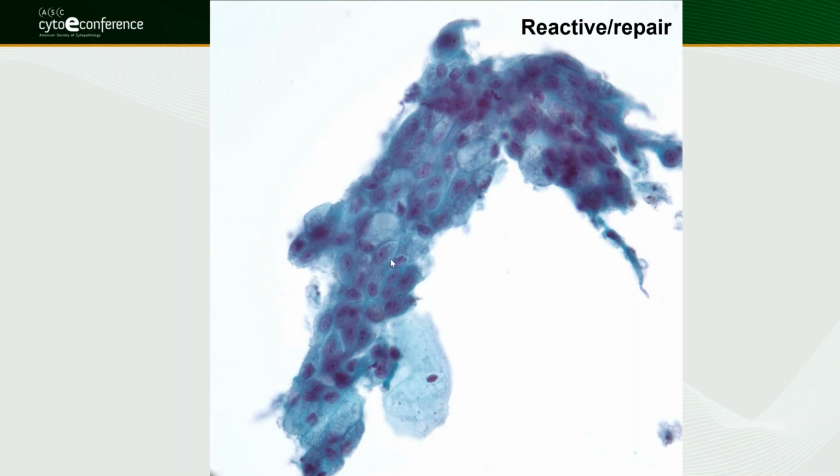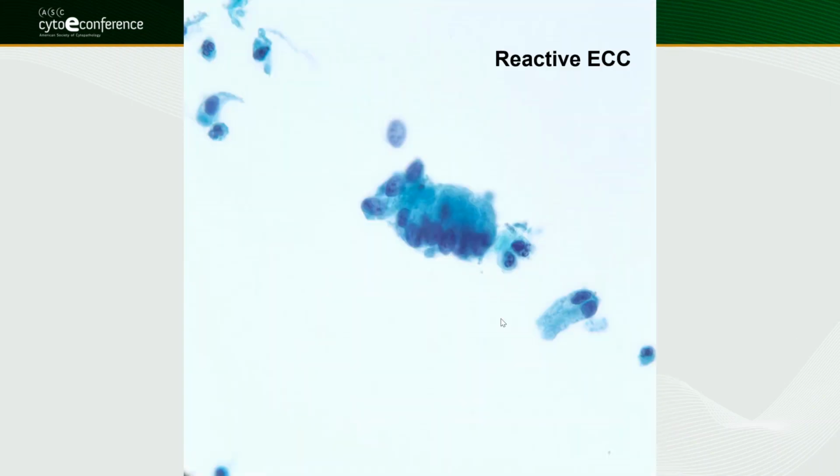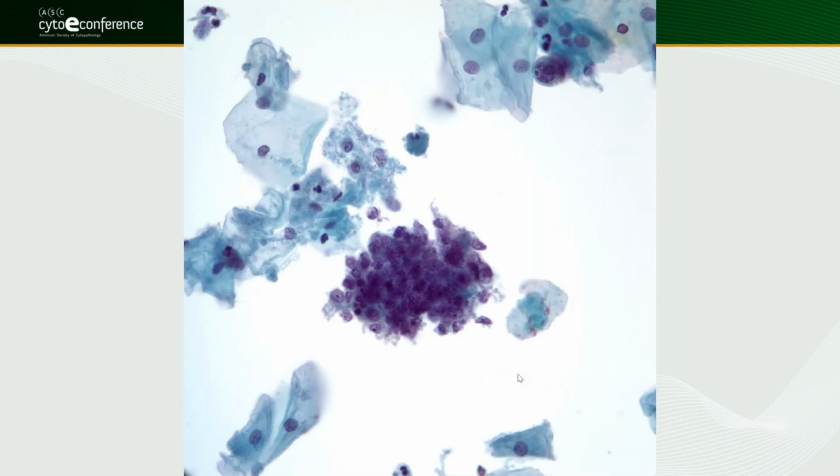And there are some mildly irregular nuclear membrane and a variation in nuclear size and shape, but overall vesicular chromatin and small prominent nucleoli, vacuolated cytoplasm, and so overall this is reactive and repair. And another picture of reactive ECC, with a good NC ratio, smooth nuclear membrane. This is more oval nuclei, but again, this is not atypical endocervical cells.